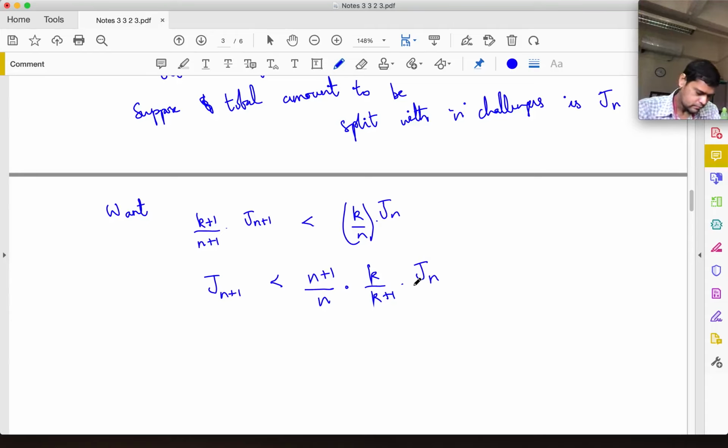Okay. So what do we want over here? This quantity is greater than 1 and this quantity is going to be greater than or equal to half for all values of k, right? And so this quantity totally is going to be greater than half.